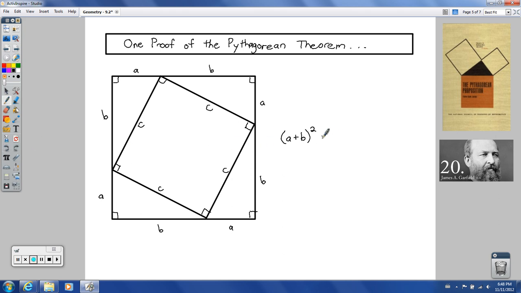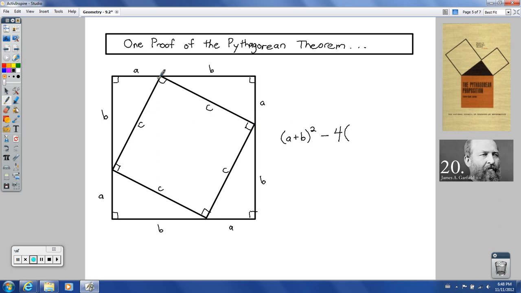If I take this minus the 4 triangles here, so if I take the area of the big square and I subtract the area of these 4 triangles, what am I left over with? I'm left over with this c squared part, so it's c times c right there. So I would say minus 4 times, then you have to remember what's the area of a triangle.